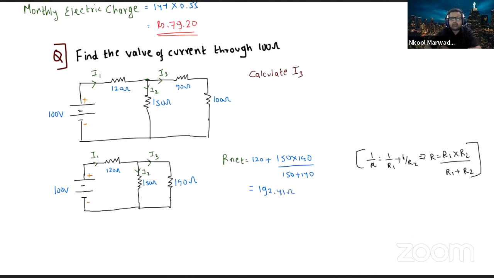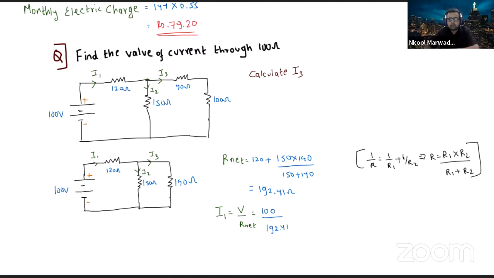And if I get the net resistance, then I1 I can calculate using Ohm's law. I1 will be, V is equal to IR, I is equal to V by R, V by R net. V is 100 volt, R net is 192.41.